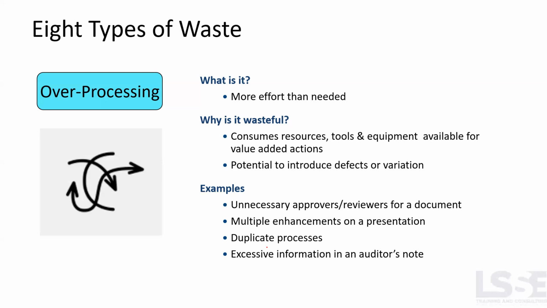So you might want to consider, for a certain product where the cost is not that big, you might have approval levels where you don't need the senior manager to approve it. Another example of overprocessing waste would be you have a presentation and you do multiple enhancements on it, or you have duplicate processes, or you have excessive information.